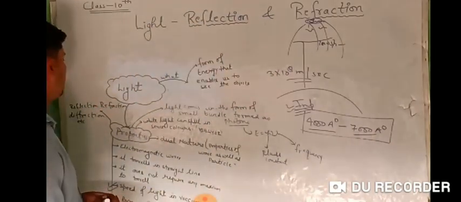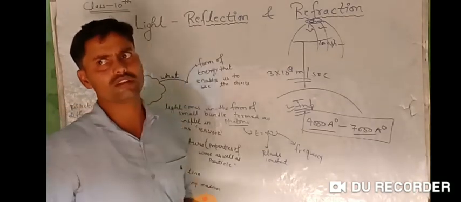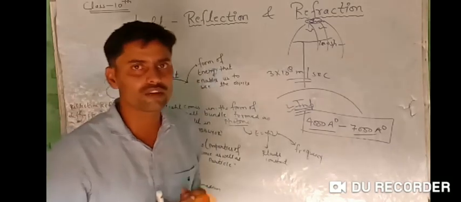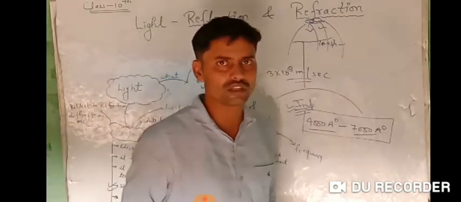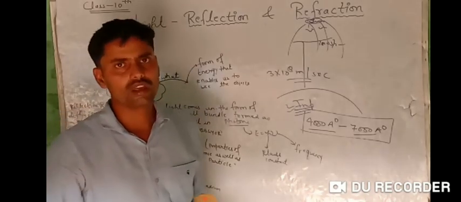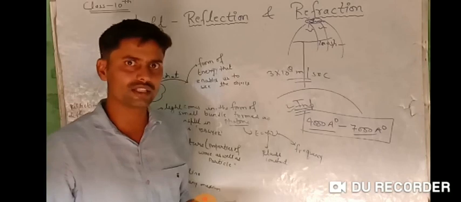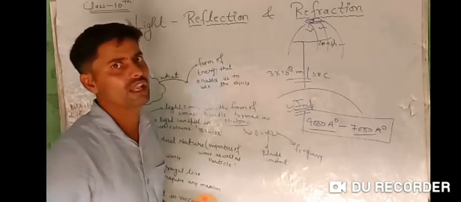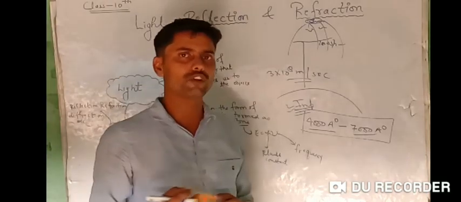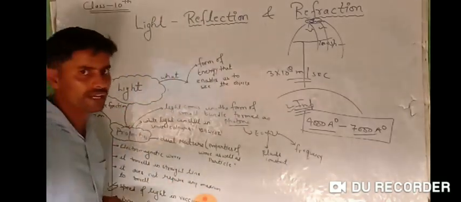Now the next property is that various phenomena occur with light. Those phenomena are reflection, refraction, diffraction, and so many other examples of phenomena occur with the help of light. When light is traveling in a medium, various phenomena occur, some of which are reflection, refraction, diffraction of light.